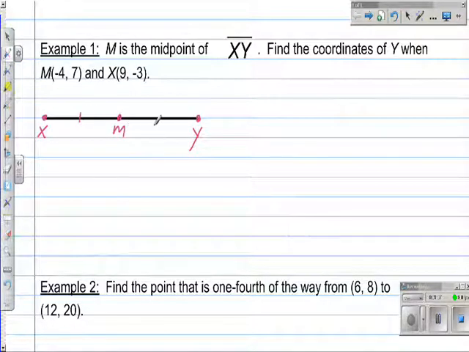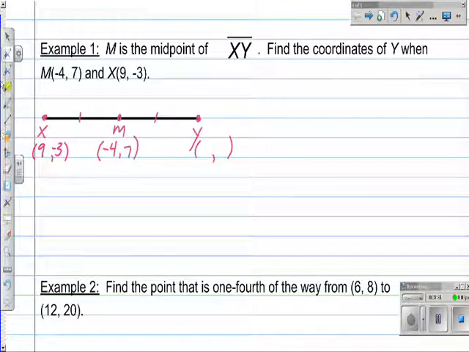And you know that XM is congruent to MY. So we know that X is going to be some type of ordered pair. Your midpoint, M, we already know this time, negative 4, 7. And then they told us X was 9, negative 3. We don't know Y. We know Y is going to be some ordered pair.